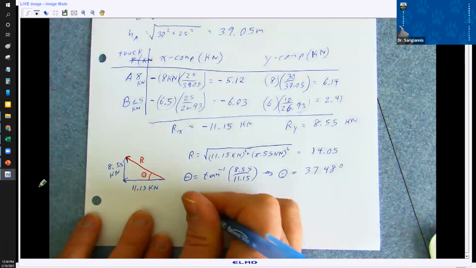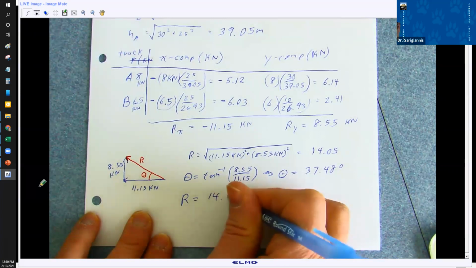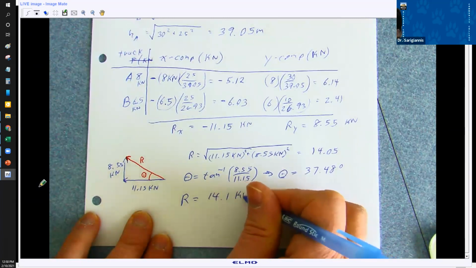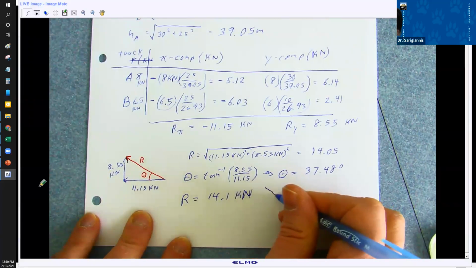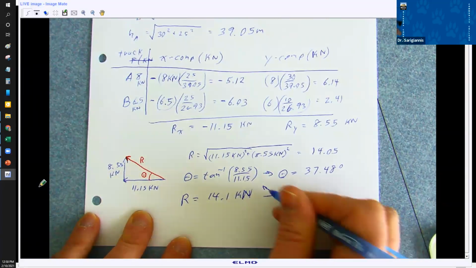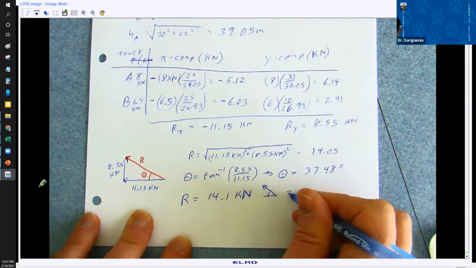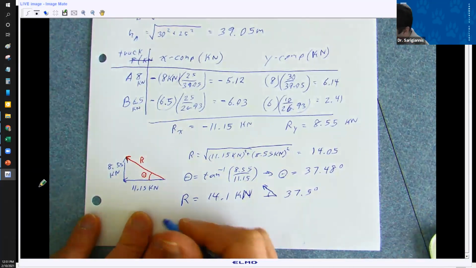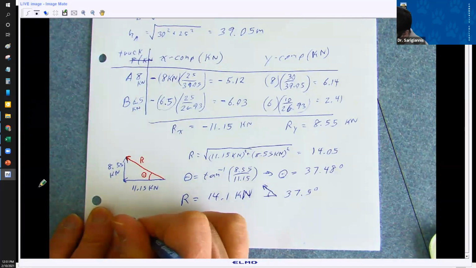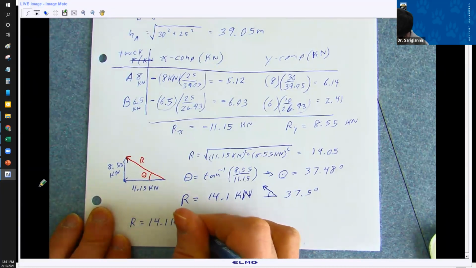When you report this, the resultant is 14.1 kilonewtons, I'm just rounding here, at an angle of, notice my direction, 37.5 degrees. I could also report this as R is 14.1 kilonewtons.